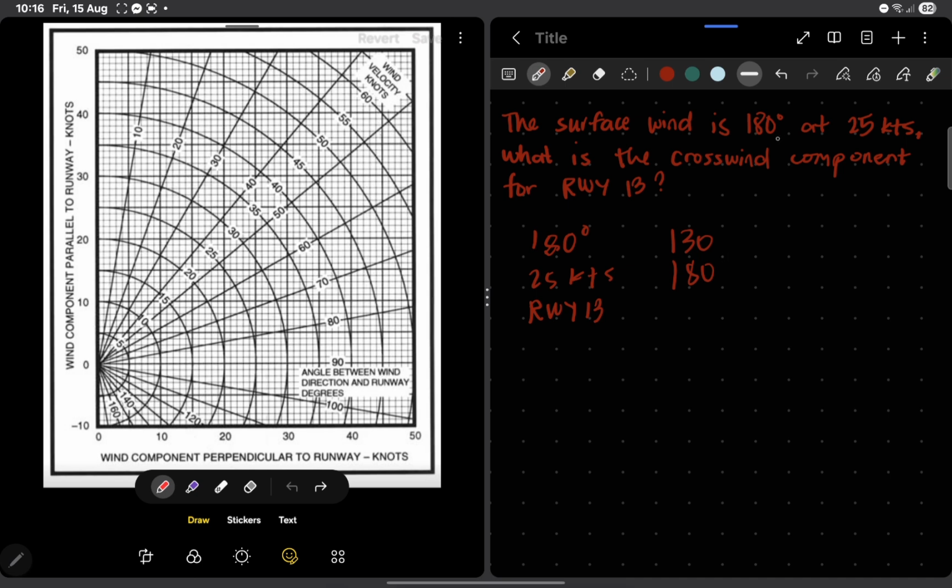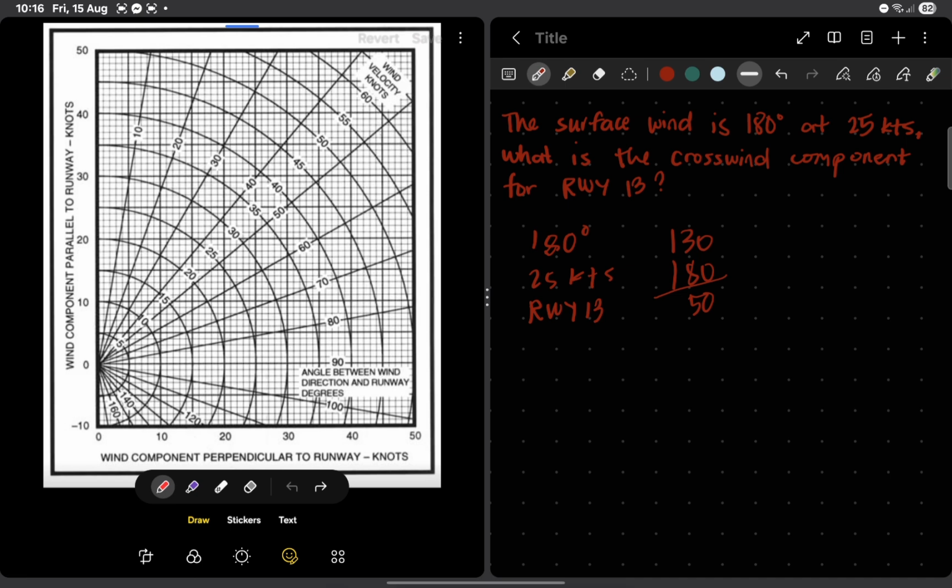You subtract the two, which leads to 50. You don't have to bother with the sign because you just need to subtract. So that's 50. Take a look at your chart, and this is 50 degrees. This is the difference of your angle between the surface wind and the runway.